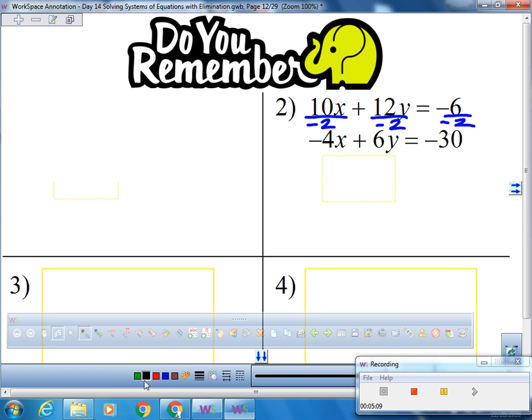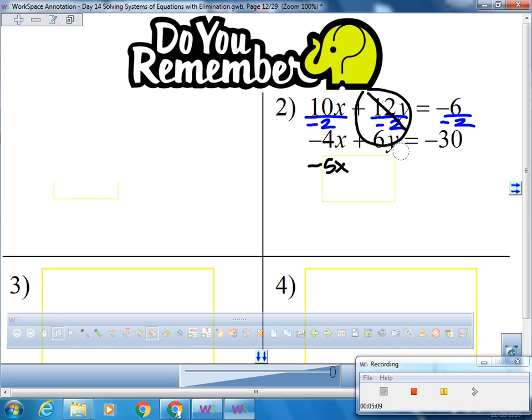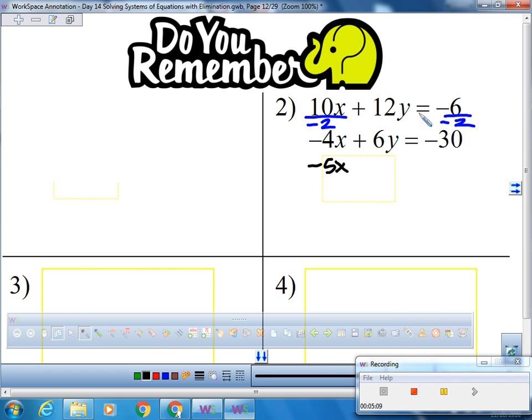10 divided by negative 2 is negative 5x. 12, this is going to be negative 6y plus 6y. They're going to eliminate. I'm trying to make it as least messy as possible.